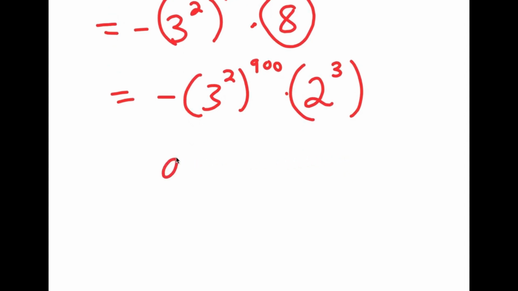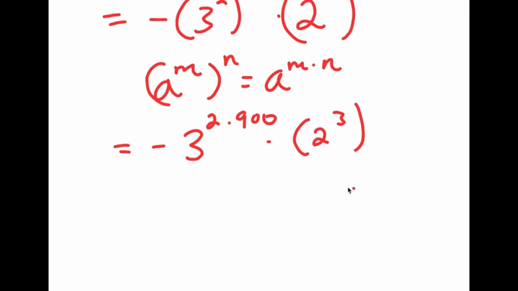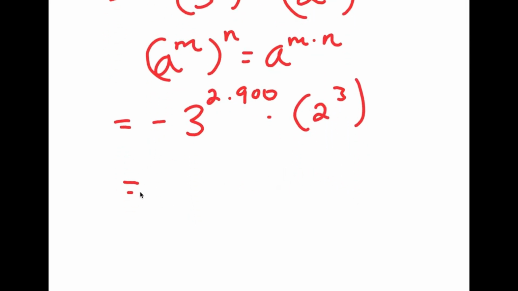And now remember, if I have something in the form a to the power of m to the power of n, this is equal to a to the power of m times n. So this can equal negative 3 to the power of 2 times 900, and now I have this times 2 to the power of 3. And if you didn't already know, 2 times 900 is 1800. So I have negative 3 to the power of 1800 times 2 to the power of 3.